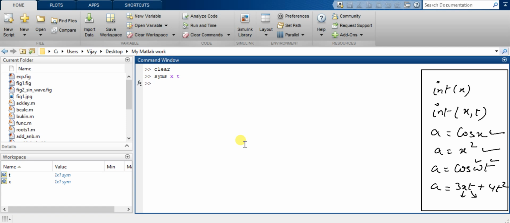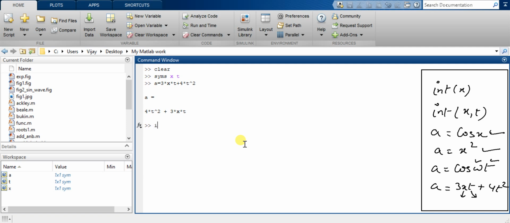Now we can define a equal to 3x into t plus 4 into t into, or you can take it t square. This is the expression which is stored in a.